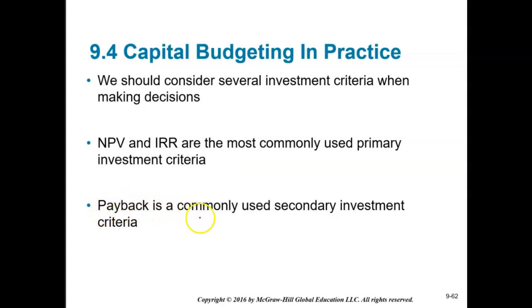Payback is also very popular because it is a rule of thumb and a very easy technique. It is commonly used by practitioners for evaluating secondary investment decisions. Finally, we close our discussion on this chapter by summarizing each of these points.